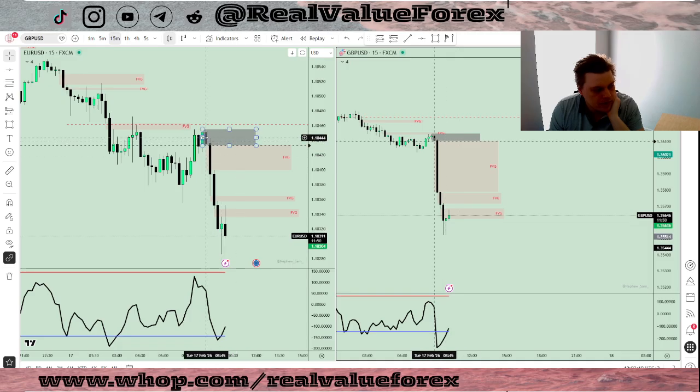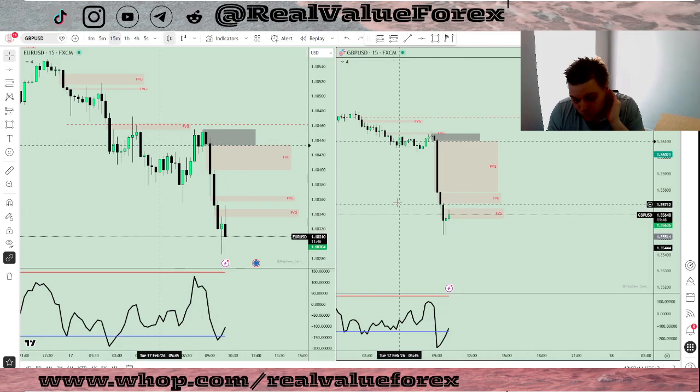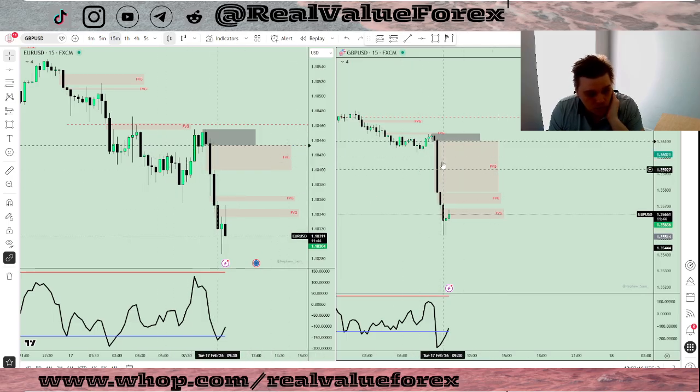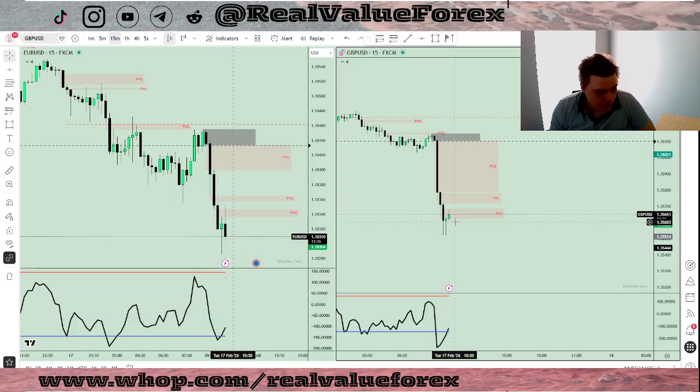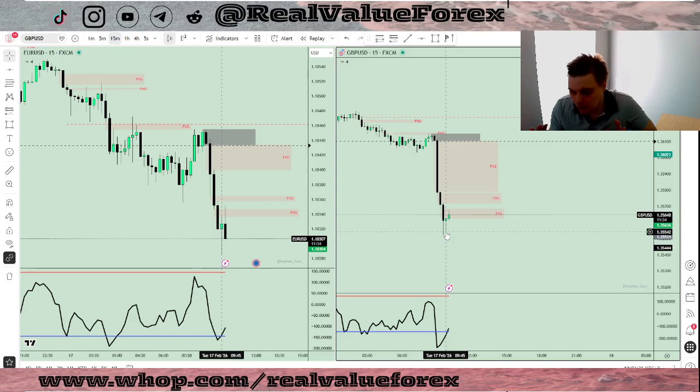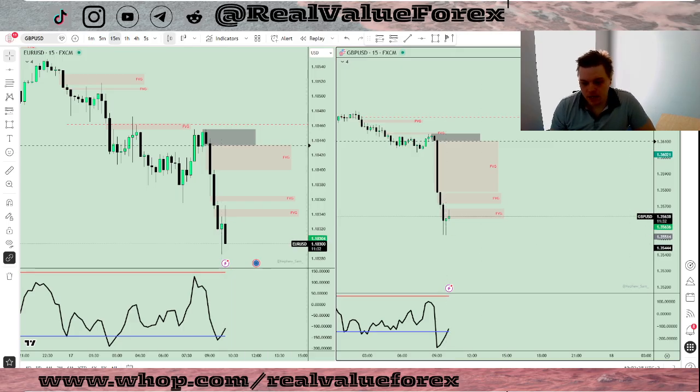Those look really nice, the order blocks. But I assume based on that moment that we don't get that high again. But let's see, maybe we can get some order block in here, maybe it will be really nice. I will update you anyway. Let me just make a screenshot and update you in there.